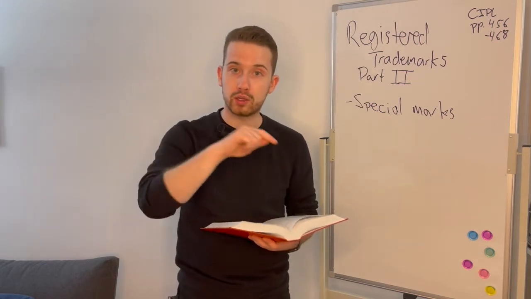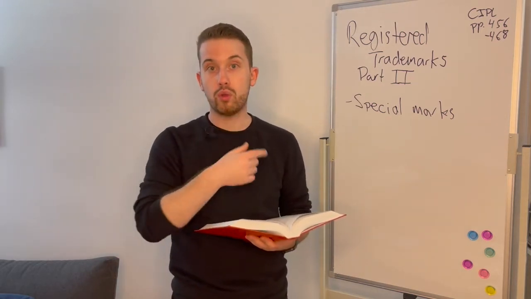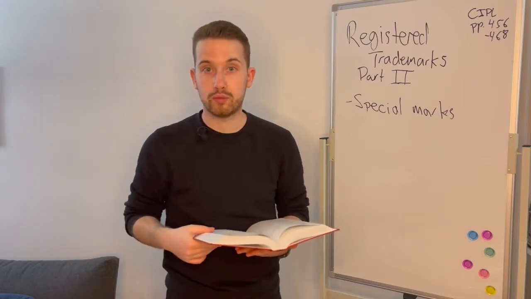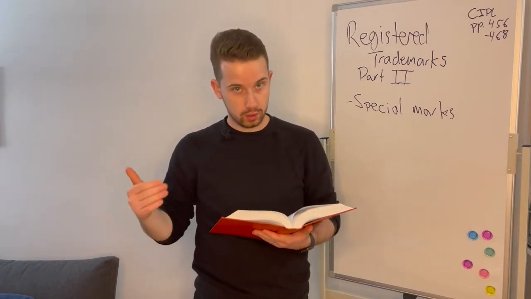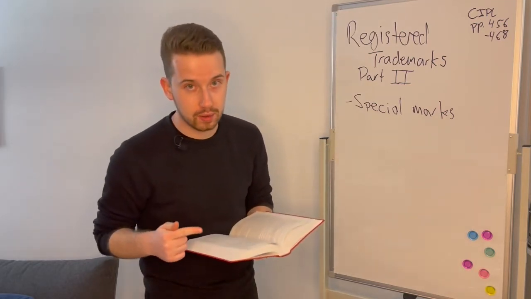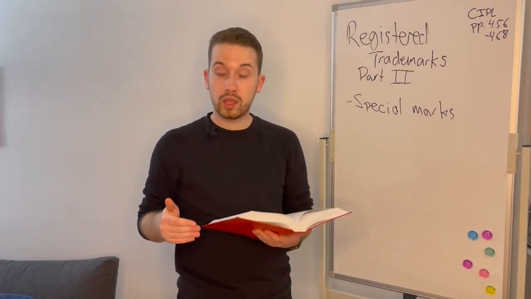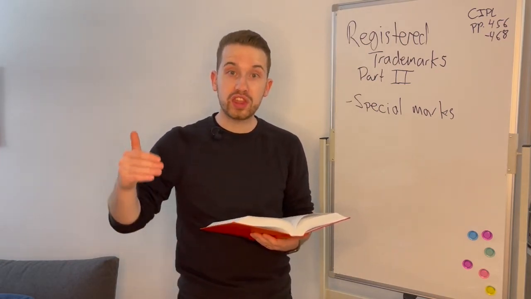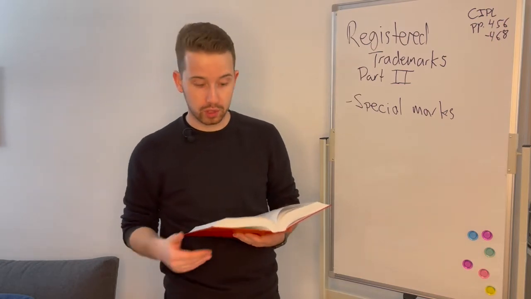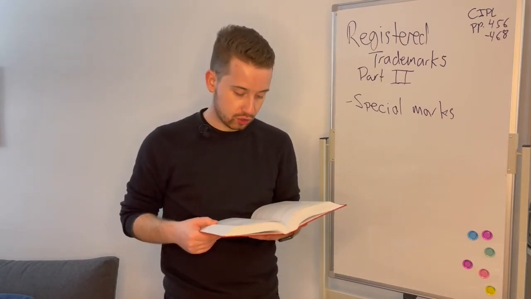But you have to register it every 10 years. You have to renew your registration every 10 years. It's not applicable to a special mark either. So you can have it registered forever without having to file for continuation of registration.